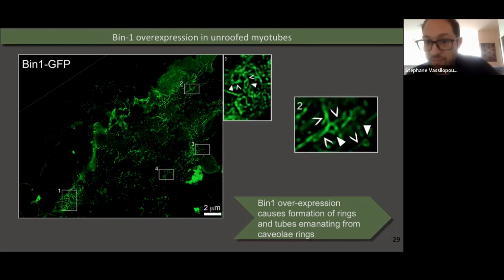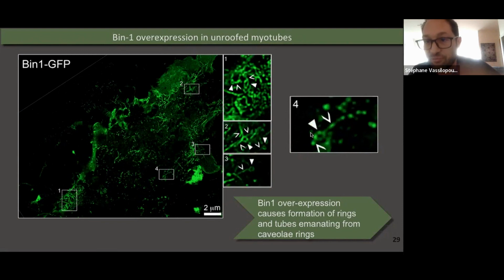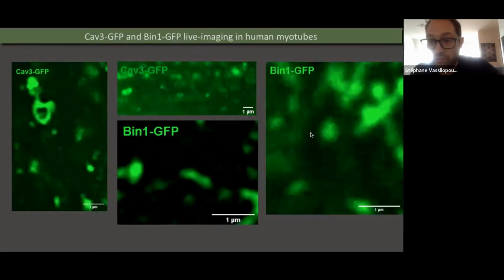So here is an example that I like a lot, because you have this central ring, and then you have all these tubules sticking out of it, just like what we were seeing for caveolin. And once you see one, then you see them all. Bin1 is always forming rings from which tubules seem to emanate. So we really needed to confirm these data by another technique than electron microscopy.